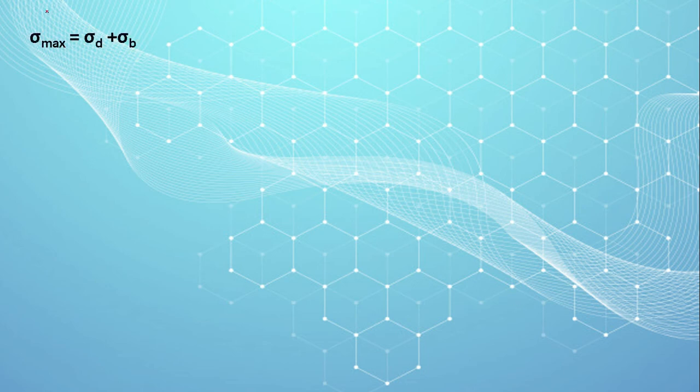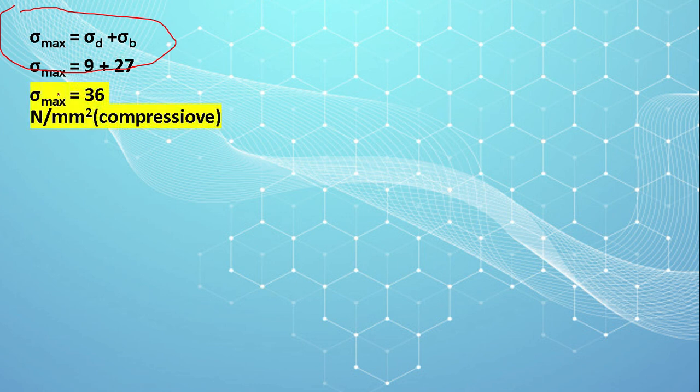Now formula for maximum stress is sigma max is equal to direct stress plus bending stress. Direct stress is 9, bending stress is 27. Therefore sigma max is equal to 36 Newton per mm square, and this is compressive in nature.